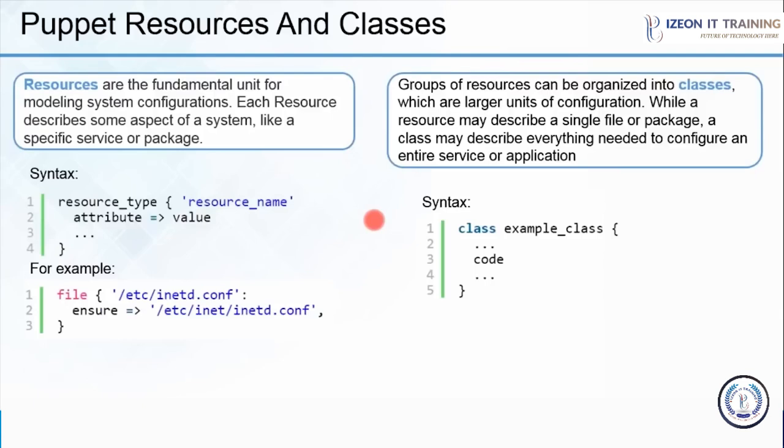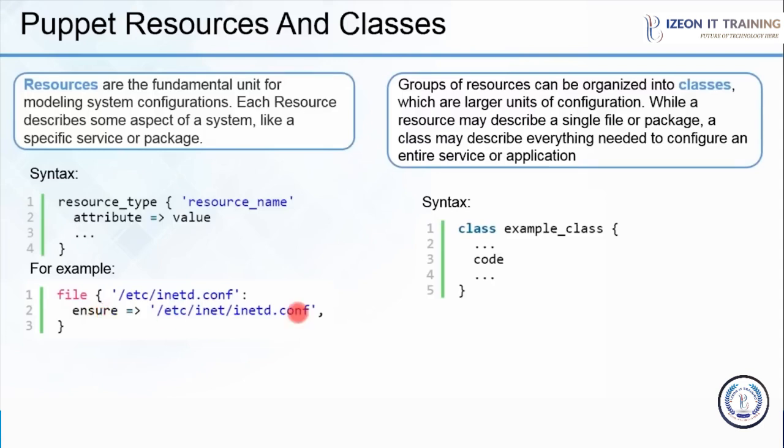It can be such as a certain user or a file should exist or a package should be installed. Now here we have the syntax of the resource, all right? First you write the type of the resource, then you give a name to it in the single quotes and various attributes that you want to define. In the example, I've shown you that it will create a file that is inetd.conf, and this attribute will make sure that it is present.